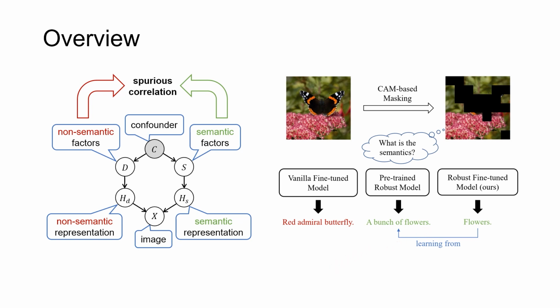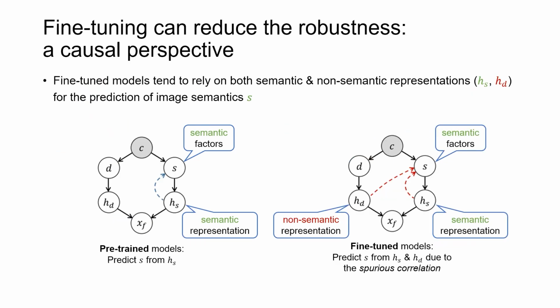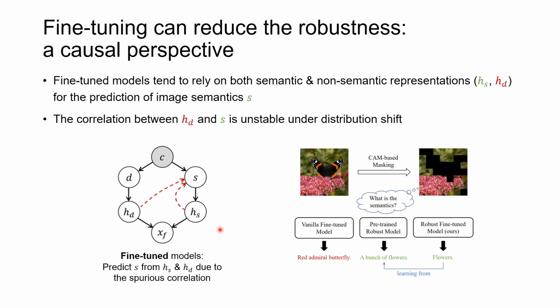Now let's drill down to the details. Thanks to the pre-training on massive data of various domains, the large pre-trained models are expected to learn the correct attribution of image semantics S to the semantic representations HS. However, due to the spurious correlation in downstream data, fine-tuned models tend to rely on both HS and HD for the prediction of S. Unfortunately, the correlation between HD and S is unstable under distribution shift.